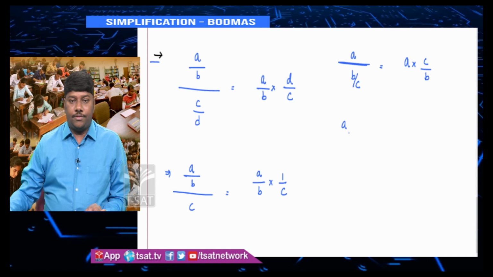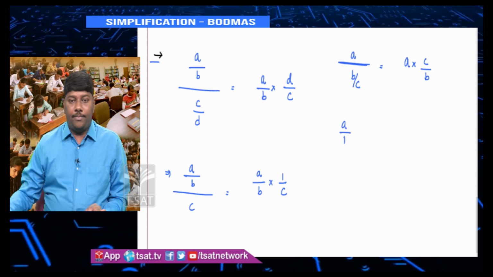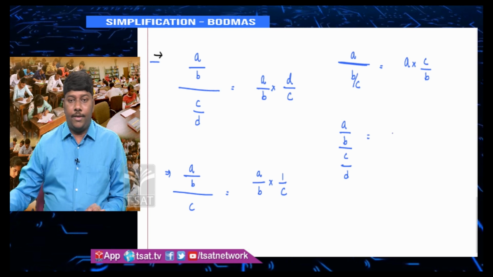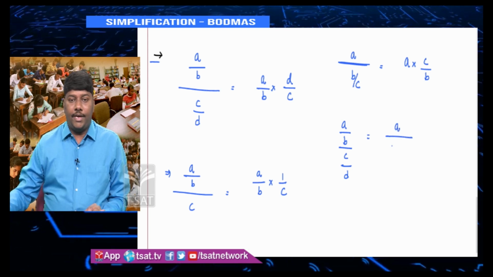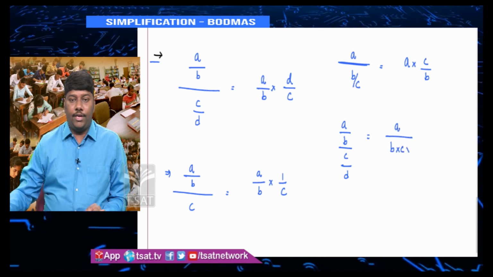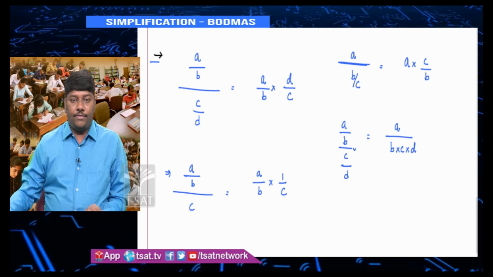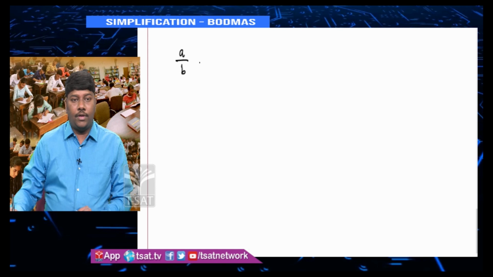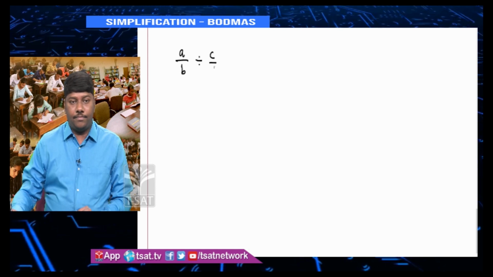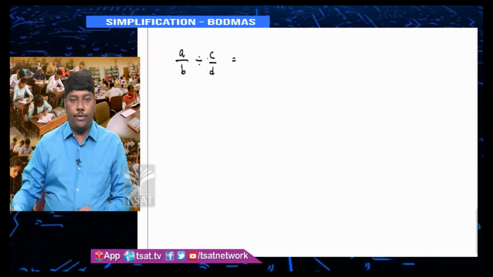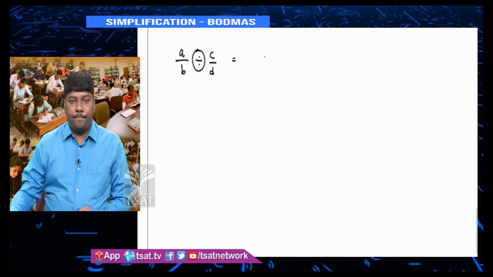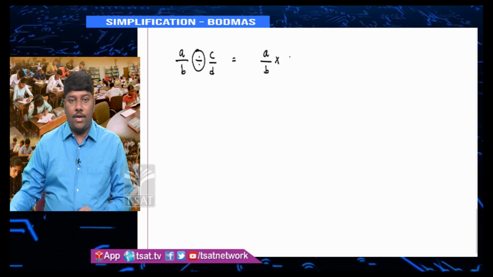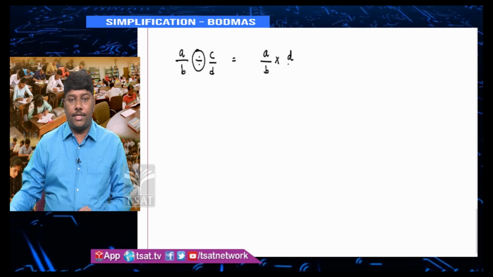With an equal length of this division, you have A divided by B divided by C divided by D. So you simply take A divided by B into C into D. When you have equal length of these division symbols, they may give you A by B divided by C by D. All you have to do, in order to take out this division symbol and put multiplication, is reciprocate the fraction.